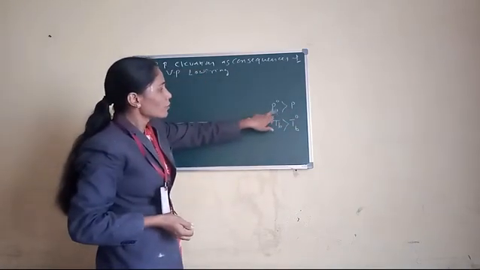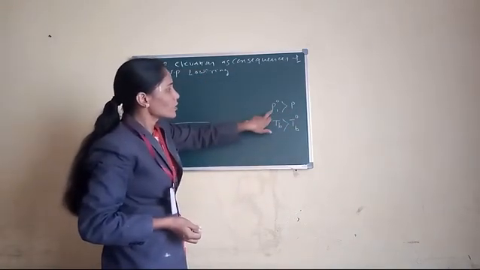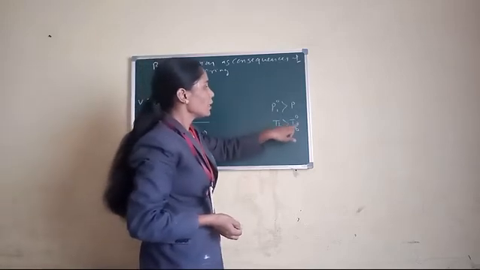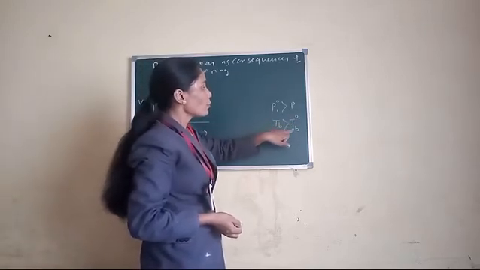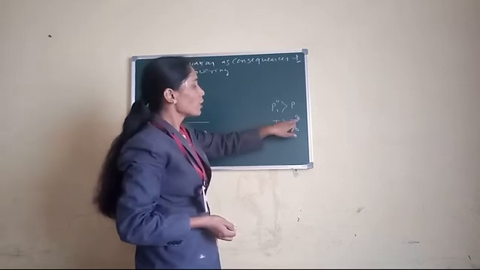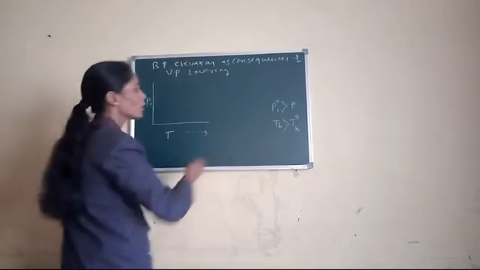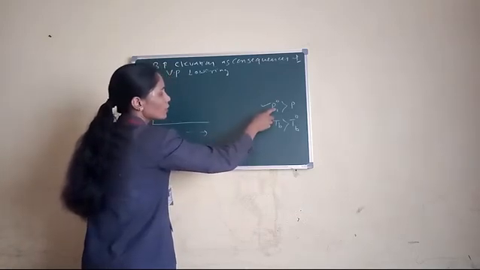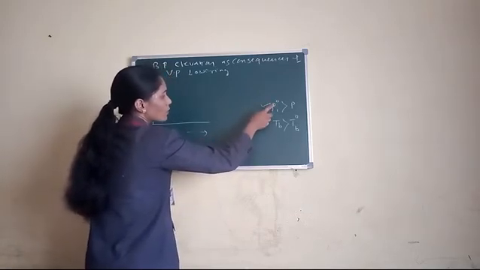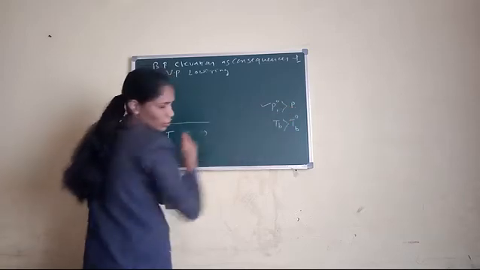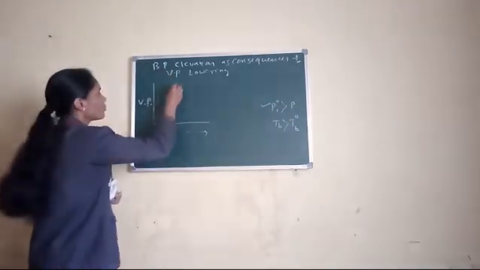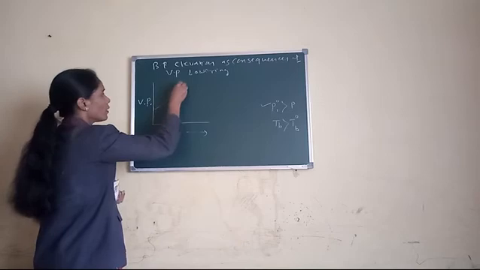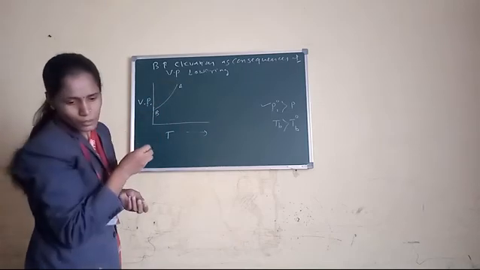For the pure solvent, the vapor pressure P1 naught is greater, and the boiling point TB naught of the pure liquid is less.